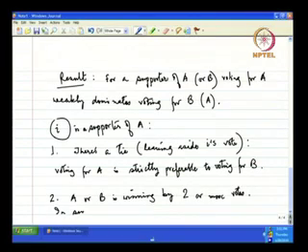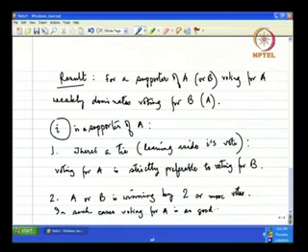So, in such cases, voting for A is as good as voting for B. So, he is indifferent between these two actions, voting for A or voting for B.